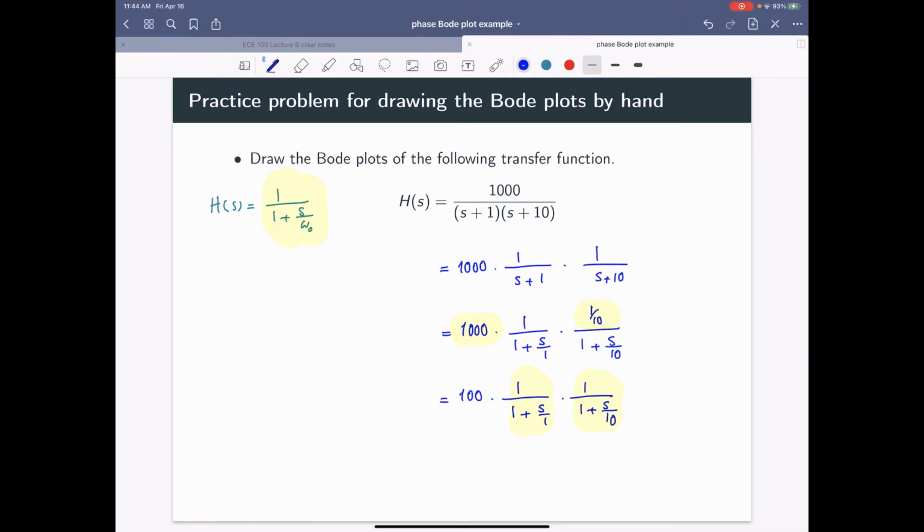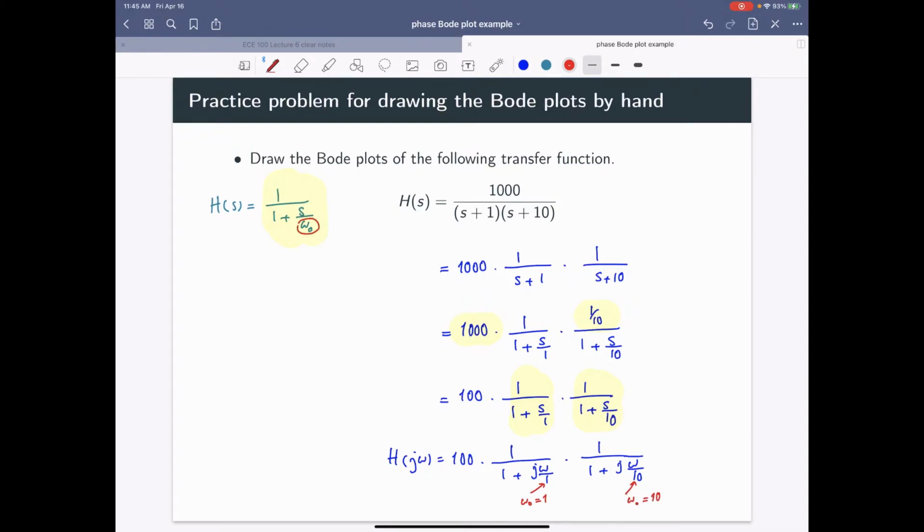Next, the job is to write H(jω) using each one of these transfer functions multiplied by each other. That gives me 100 multiplied by 1 over 1 plus jω divided by 1, multiplied by 1 over 1 plus jω divided by 10. Omega naught for the first function is 1 and omega naught for the second function is equal to 10.